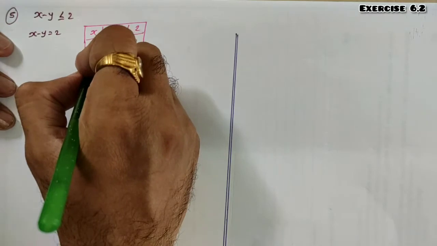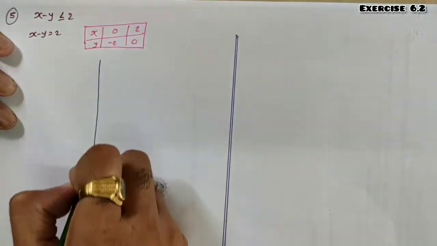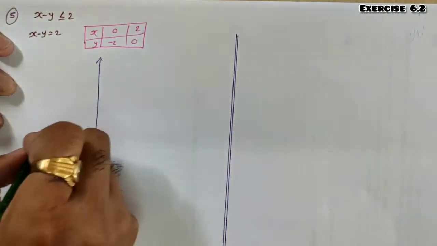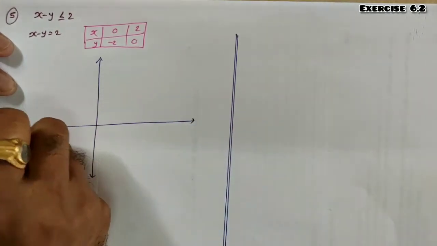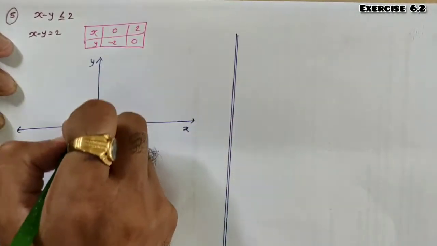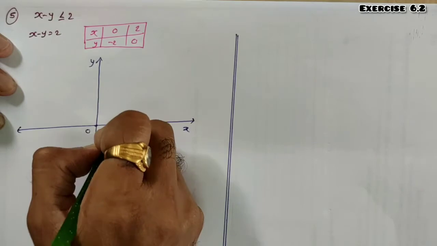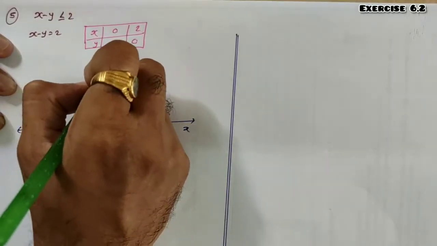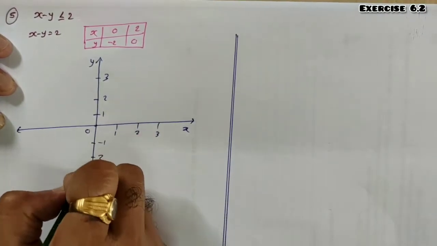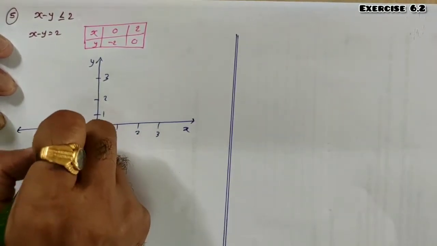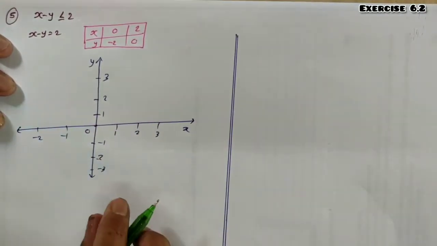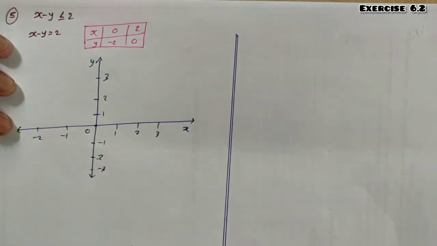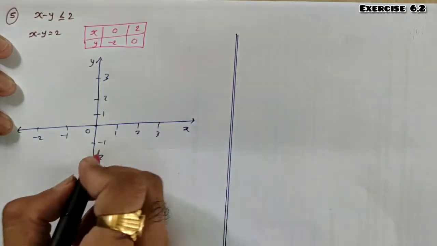Solution. X axis, y axis, 0, 1, 2, 3. 1, 2, 3. This is minus 1, minus 2, minus 3. Minus 1, minus 2. Look at these points in a Cartesian plane. x 0, y minus 2.